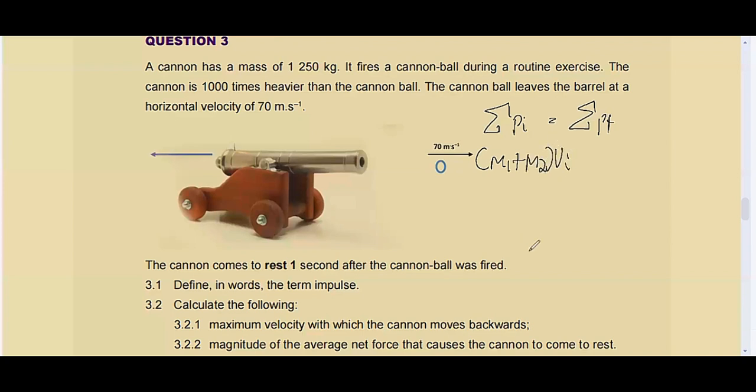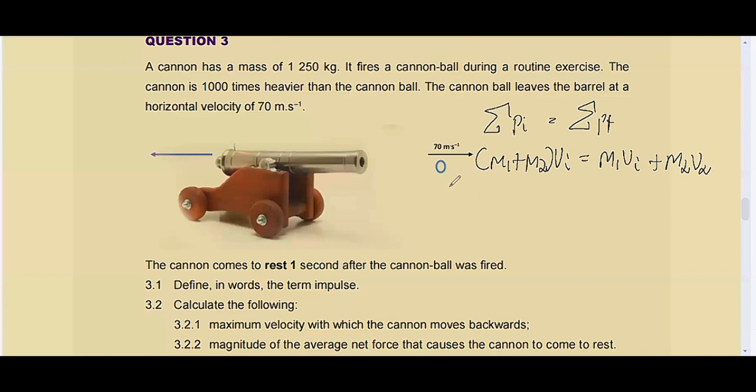So initially, the cannonball was not fired and the cannon was just stationary, meaning the cannonball also had a velocity of 0 because it was stationary with the cannon. Then, after they fired, this is what happened. The cannon moved at its own velocity, and the cannonball also moved with its own velocity. So they became separate after the firing of the cannonball.